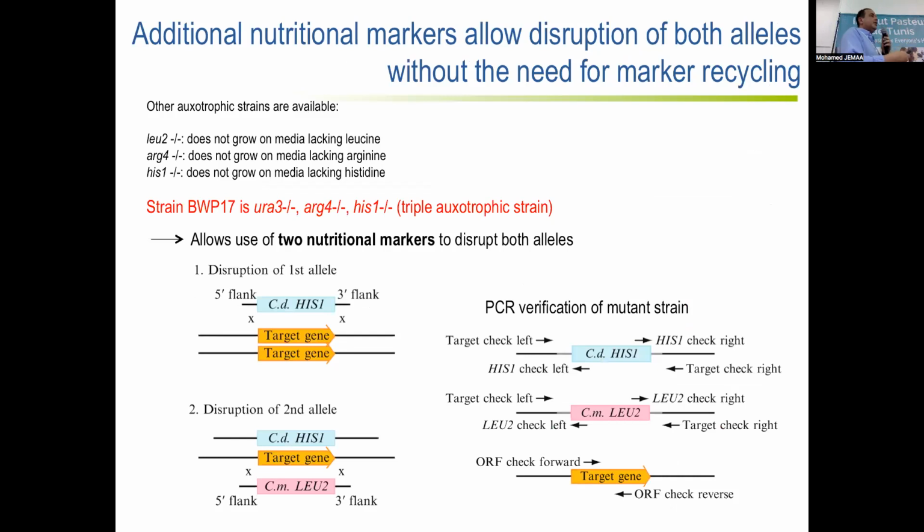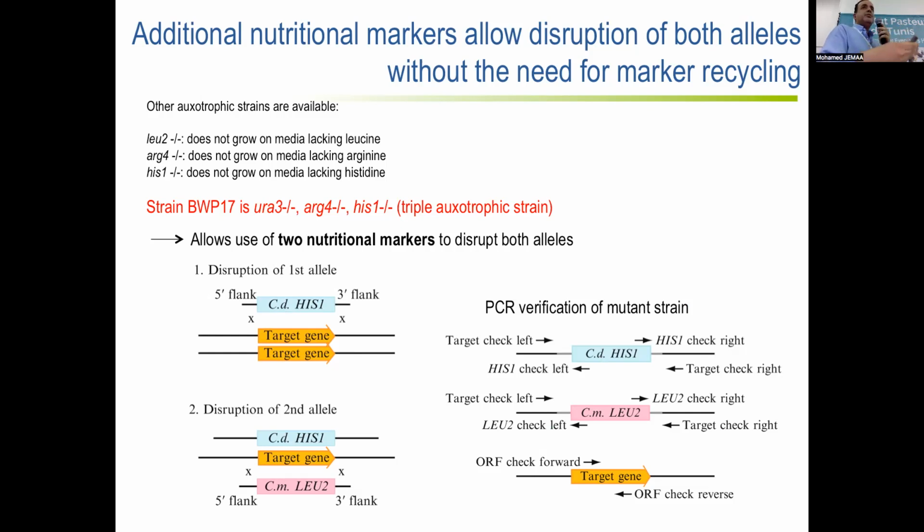And then, there was development of strains that carry additional nutritional markers, LEU2, ARG4, HIS1, and this strain, BWP17, is a triple auxotrophic strain carrying ura3, arg4, and his1 mutations.